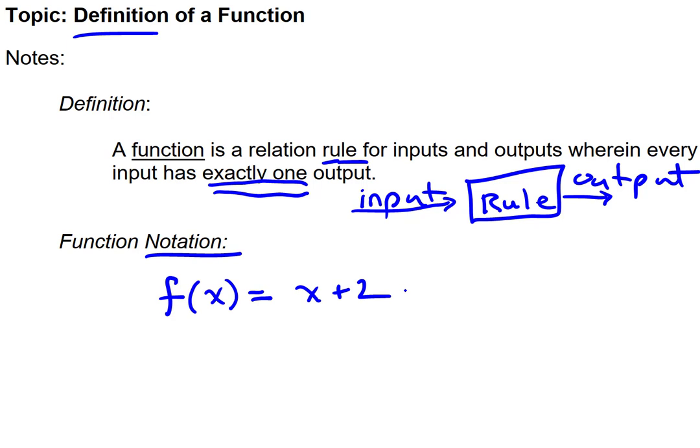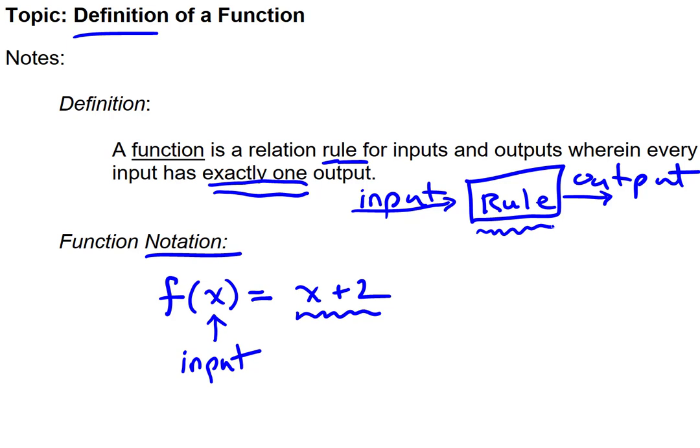Now, with this function notation, the letter that's in the parentheses right after the f, in this case, that x variable, when we said f parentheses x, that represents the input values that could be put into the function. Remember, the inputs turn into the rule. In this case, the rule is defined as x plus 2.